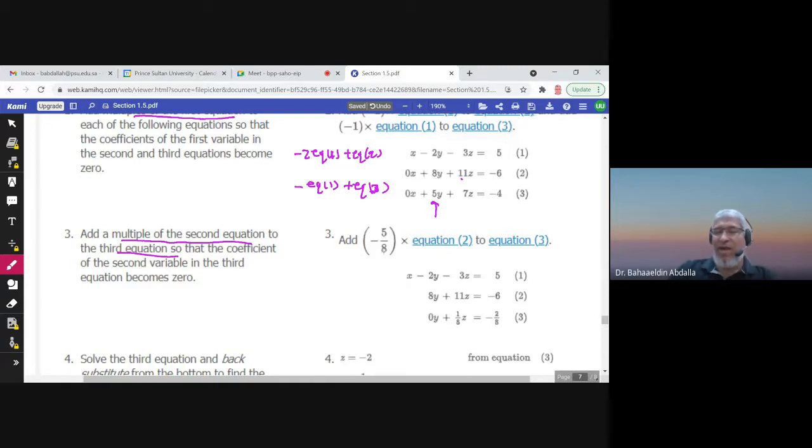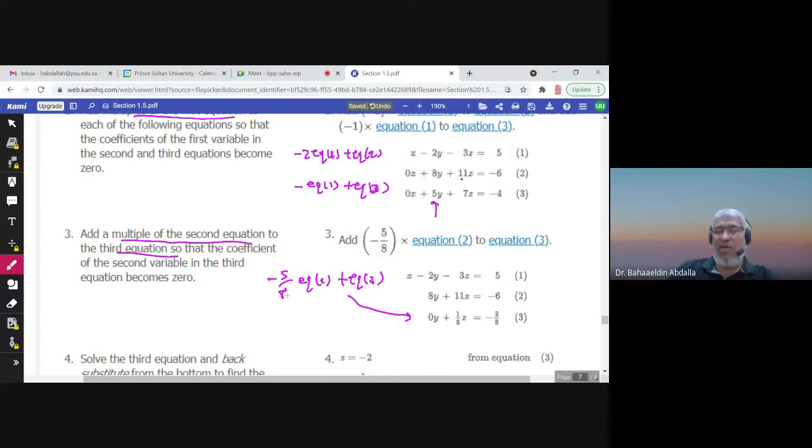You divide by 8 and you multiply by the opposite sign of 5. So -5 over 8. So if you multiply the second equation by -5 over 8, times equation 2 plus equation 3, and you put it here, the first equation as it is, the second equation as it is, you change the last equation using this transformation.